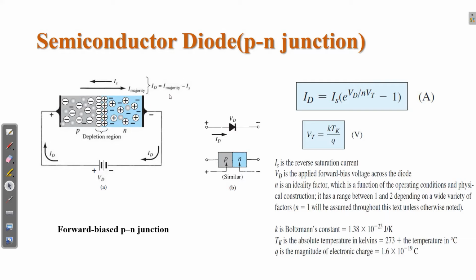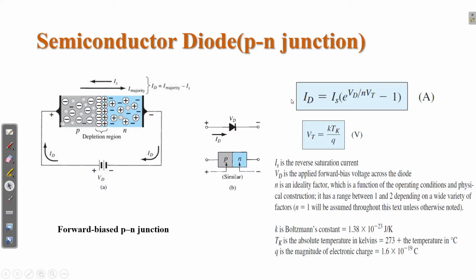Now in each of the cases we have the resulting ID depending upon the diode voltage VD. So remember every time that ID is the current through the semiconductor diode and VD is the voltage across the PN junction diode, that is how much the P terminal is higher than the N terminal.